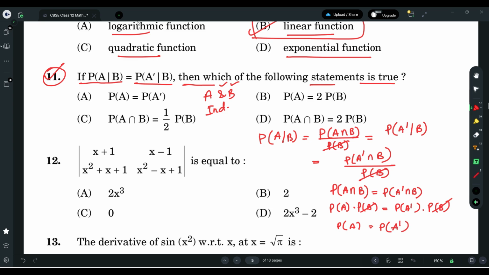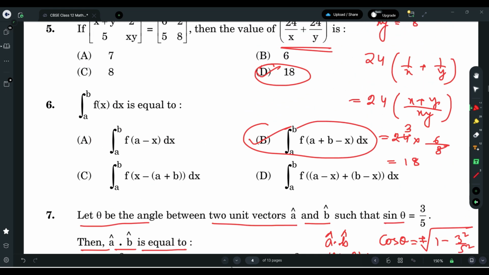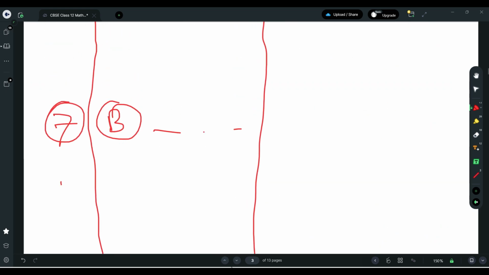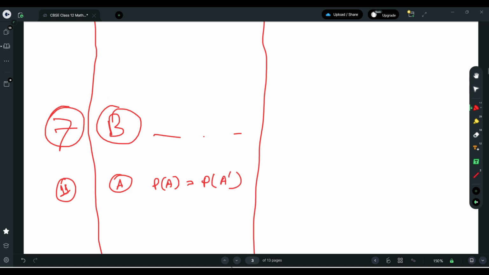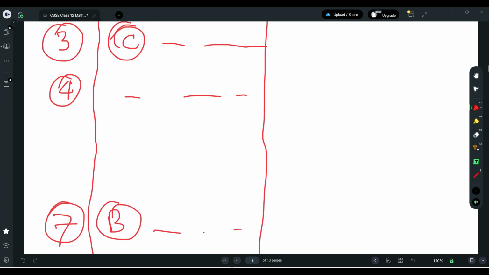Okay. So option A is correct. Now here you can write question number 11, option number A, P of A equal to P of A complement, like this.